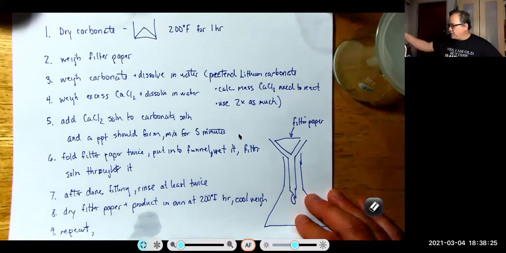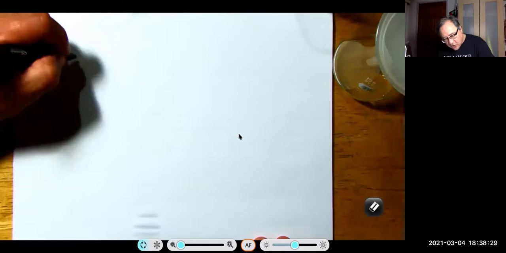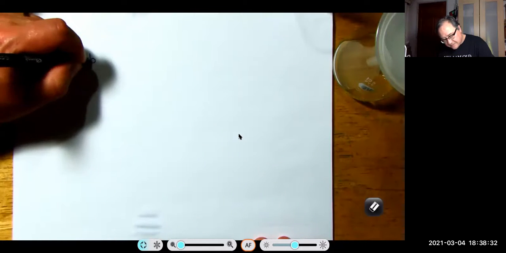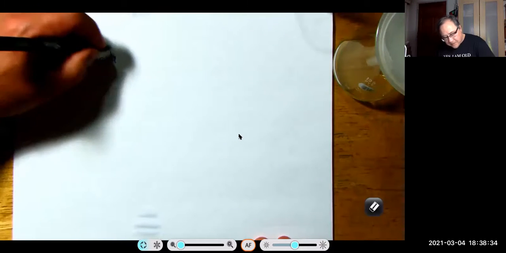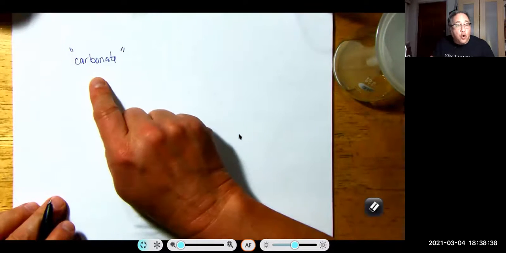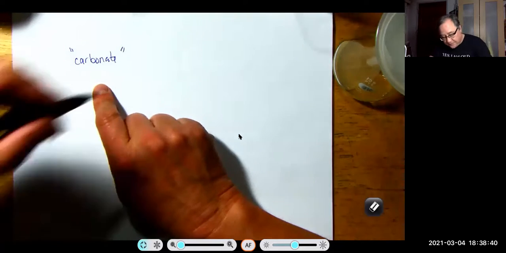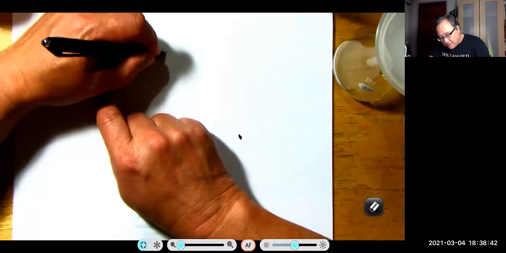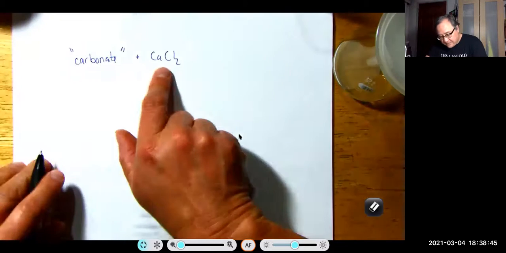Okay. So the idea is you're going to take your carbonate. Remember, this carbonate is lithium carbonate, sodium carbonate, or potassium carbonate, one of those three. You're reacting it with calcium chloride.